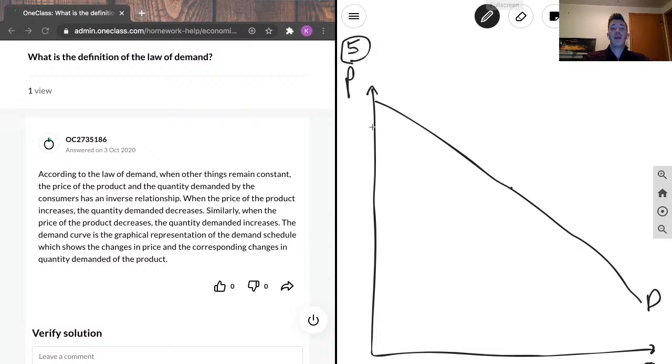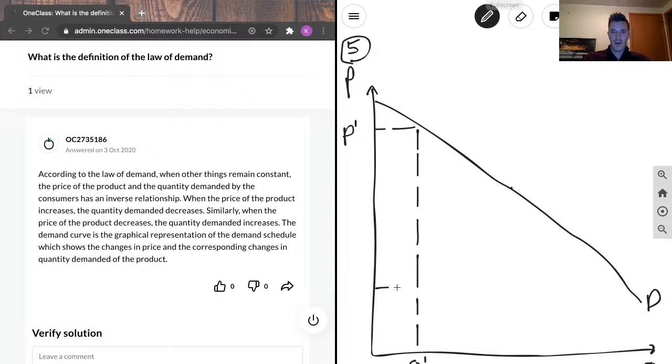And again, the law of demand is when other things remain constant, the price of the product and the quantity demanded by the consumers have an inverse relationship. I'm just going to illustrate that here. If we've got a very high price, we'll call that P1, then consumers are not going to demand a lot of the product. You've got Q1 down here. So although the price is very high, not much of it's being sold.